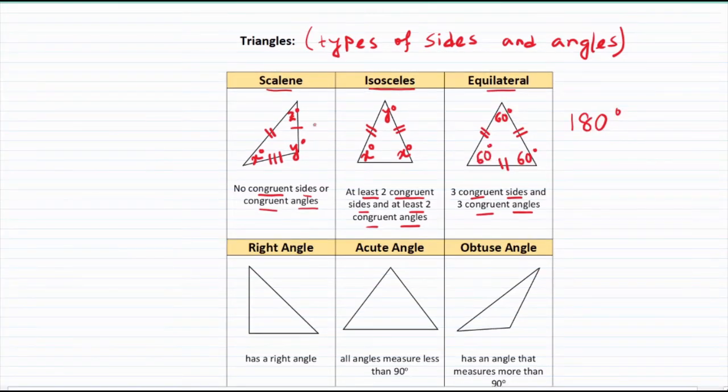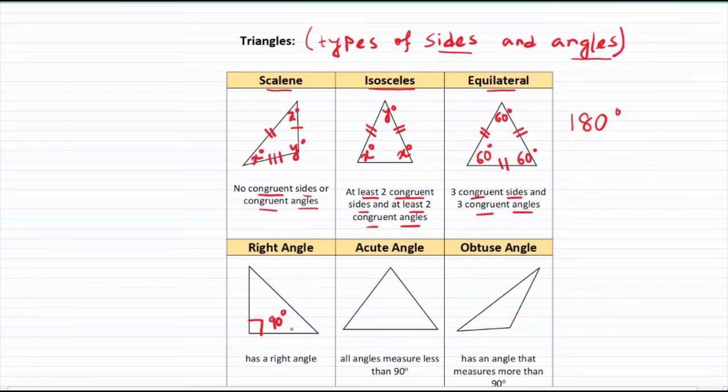So scalene, isosceles and equilateral. Here these classifications are made based on the types of sides present in the triangle. The next classification is made based on the angles present in the triangle. Here we can clearly see in this type of triangle, it has a right angle that measures 90 degrees.